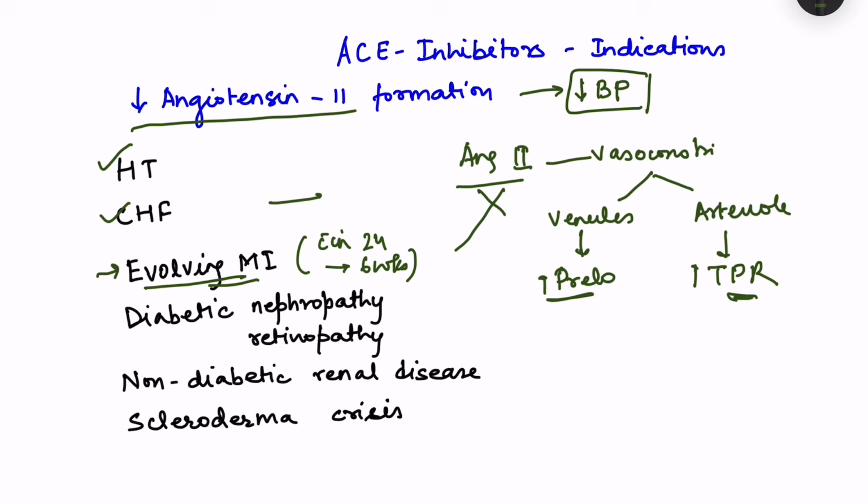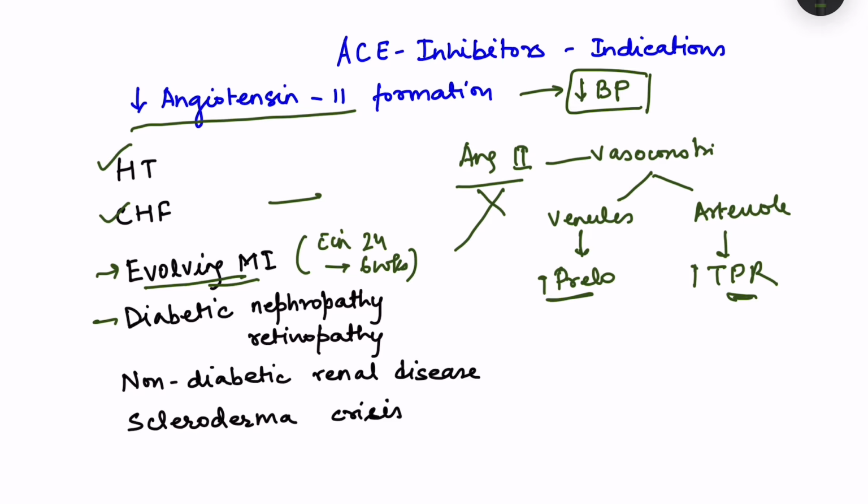It causes hyperplasia, hypertrophy and fibrosis also. So what happens is that especially in the infarcted heart, the fibrosis there causes dilation of the heart and affects the functioning of the heart. It will not be able to contract in a synchronized manner. So the harmful changes which happen during MI are decreased when we give ACE inhibitors. They block the action of angiotensin 2.